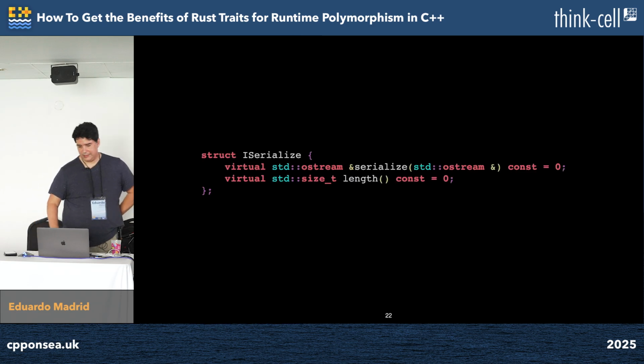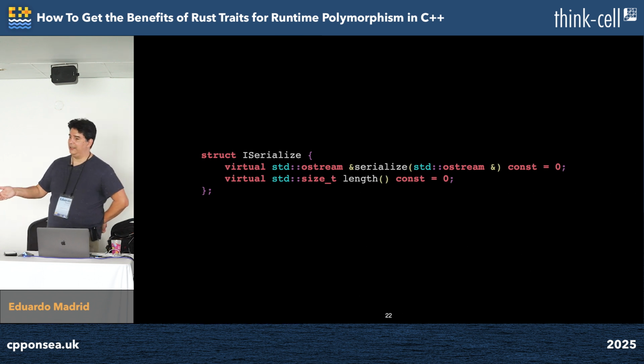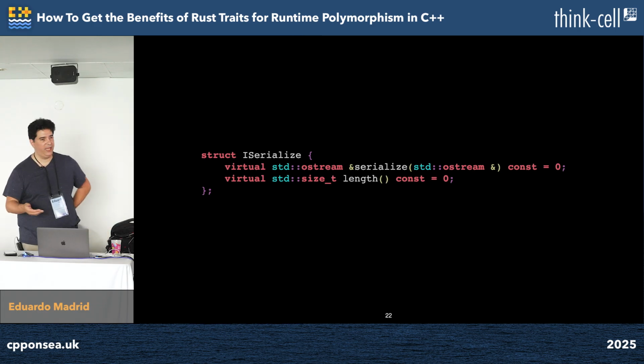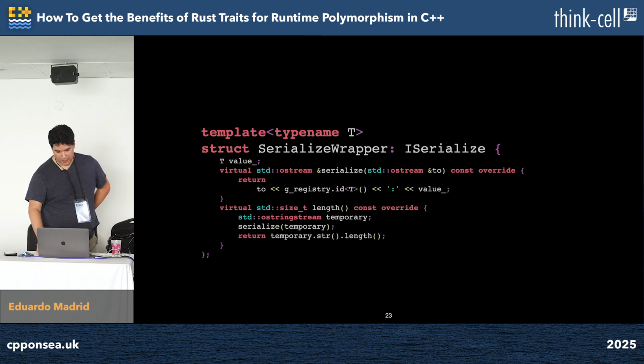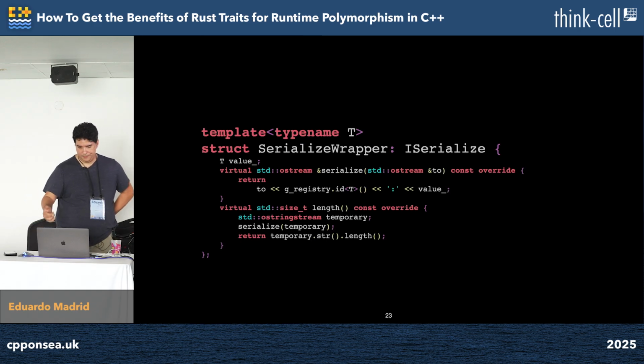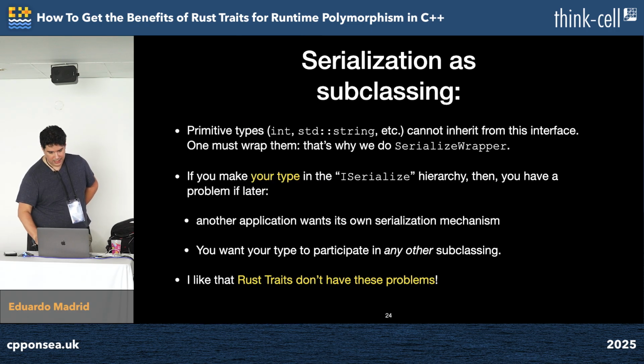Okay, and again, this is the so-called interface, the thing where we're going to have the runtime polymorphic behaviors that we're going to require for the serializable things. And this is the wrapper, again, without the constructor. That's an omission that might matter, but it's not really important.